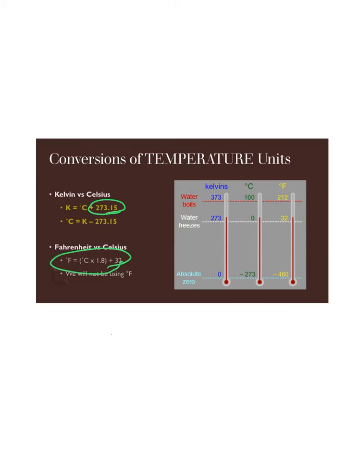And here's a nice chart. Without even doing the math, it would be really good to have this rough estimate. If I say 20 degrees Celsius, what is that in Fahrenheit? What is that in Kelvin? Whenever you're doing the problems, you can make sure your answers are reasonable.